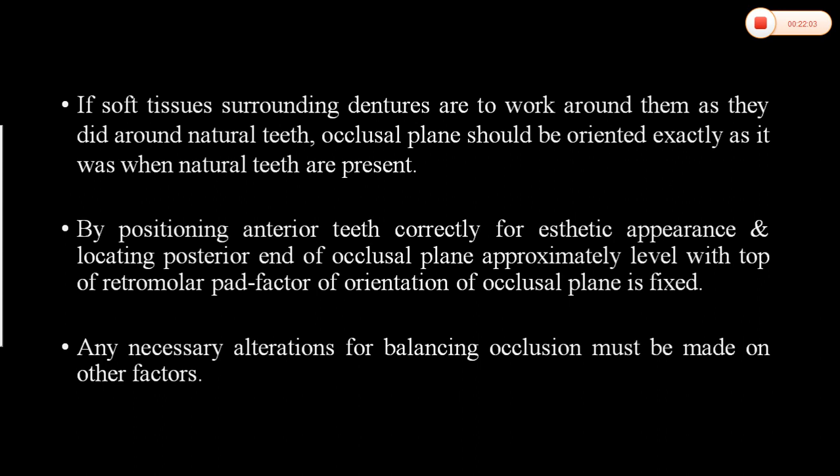And posteriorly, the occlusal plane should be at the level of the anterior two-thirds of the retromolar pad. When you are doing occlusal rims, you set your mandibular occlusal rim posteriorly up to the anterior two-thirds of the retromolar pad. Up to that level only you have to set your occlusal plane. You should not shift it. Any necessary alteration for balancing occlusion must be made on other factors, not on the plane of orientation.